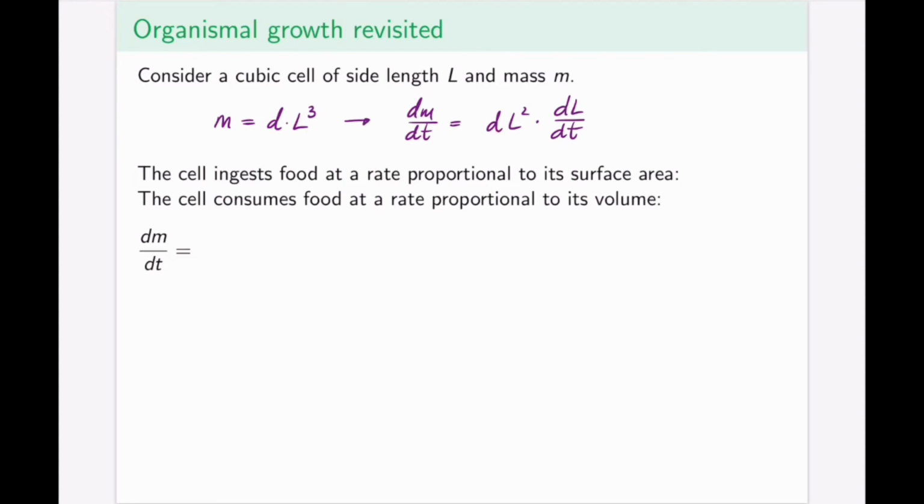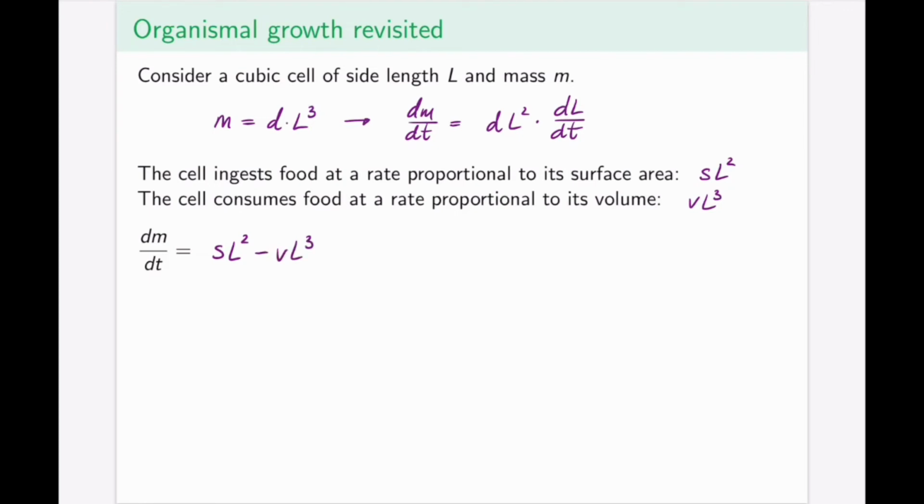Later, we also approached this derivation of this formula from a different angle, talking about how the cell ingests food at a rate proportional, with proportionality constant s, to the surface area, and it consumes food at a rate proportional to the volume, so vL cubed. Now, when we are talking about the change of mass, we can think of that as absorption minus consumption. So what we have is sL squared minus vL cubed.